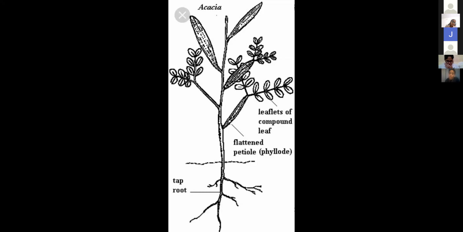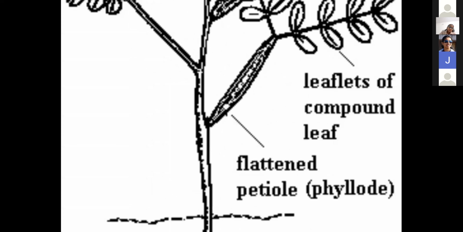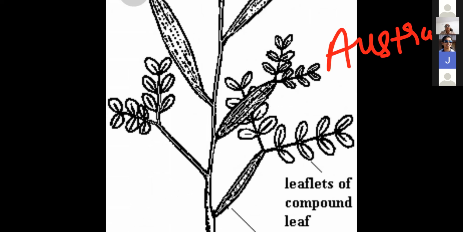Then next, modification for photosynthesis. In that, there are two examples. The first example is Australian acacia. Understand, this one is complicated. Here some part is modified to perform photosynthesis.